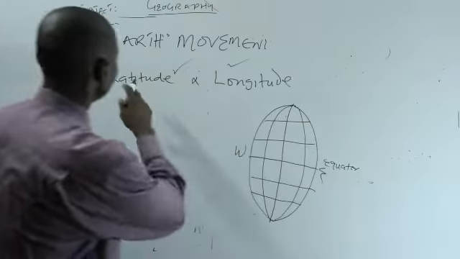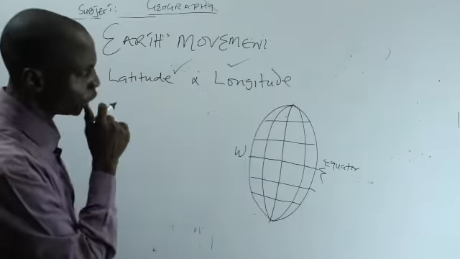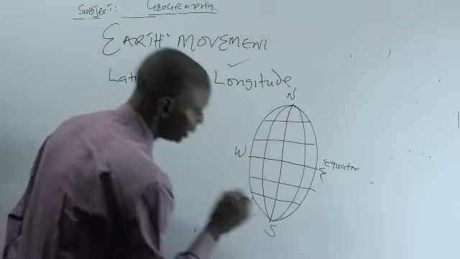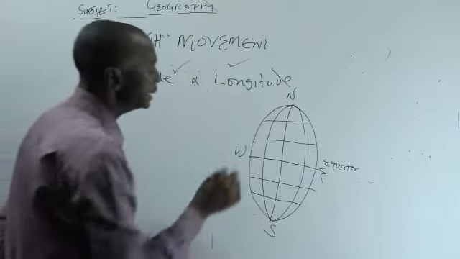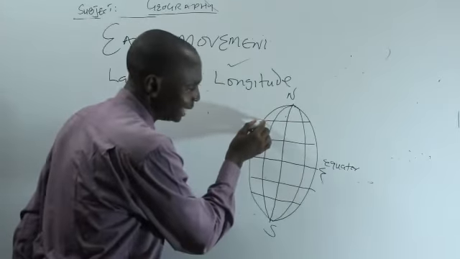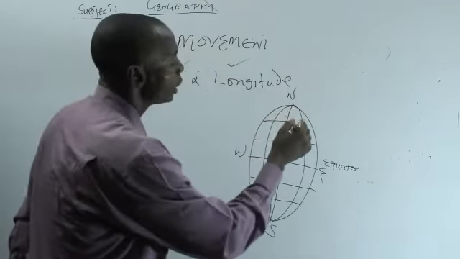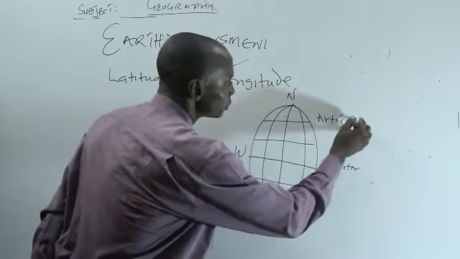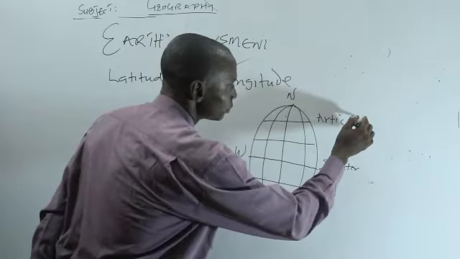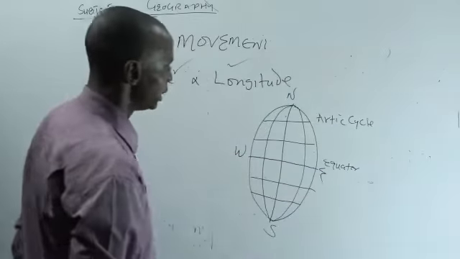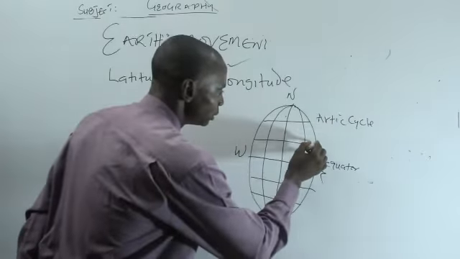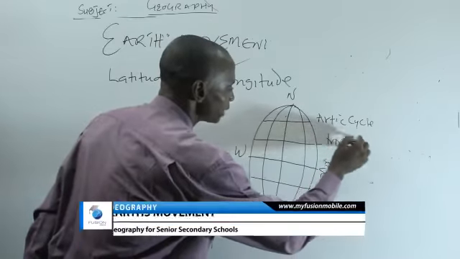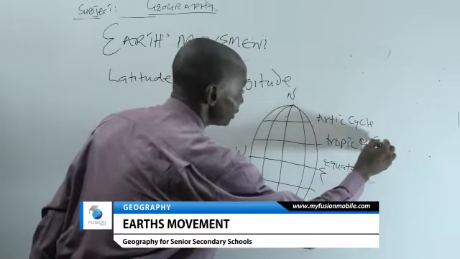Remember, we are discussing latitude and longitude. Now here is your north pole. This one is the south pole. This line after the north pole is called the Arctic Circle. Then this one is called the Tropic of Cancer, not cancer as a disease.